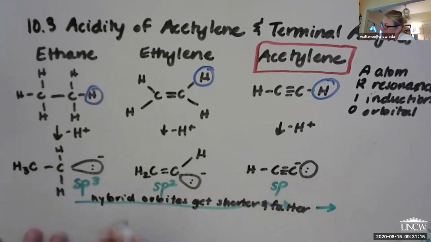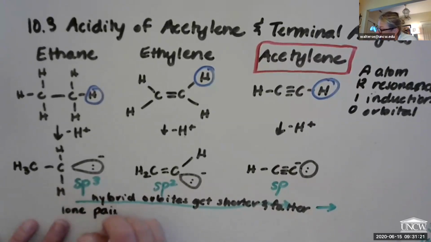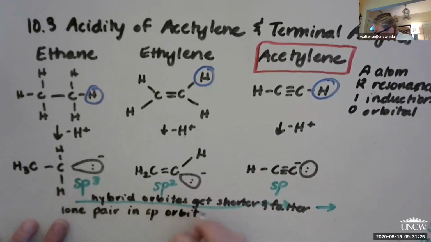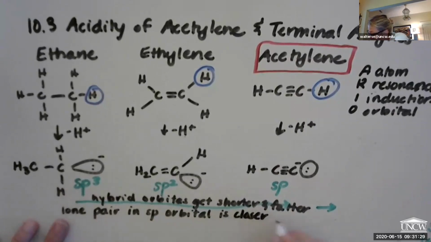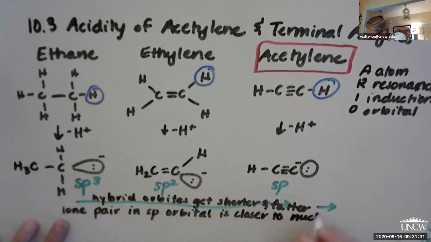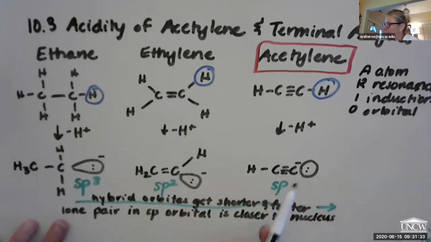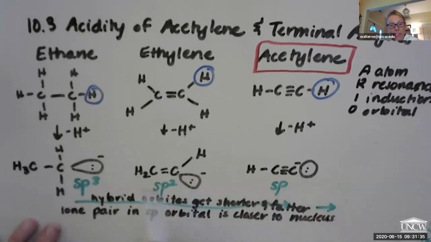So what that means in terms of the lone pair is the lone pair in an sp orbital is closer to the nucleus here relative to sp2 or sp3.